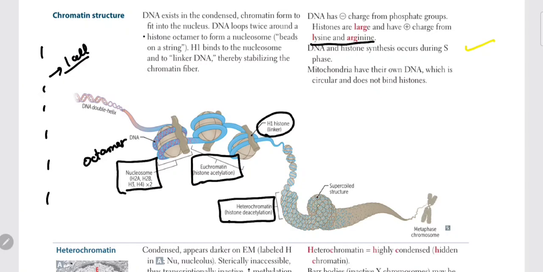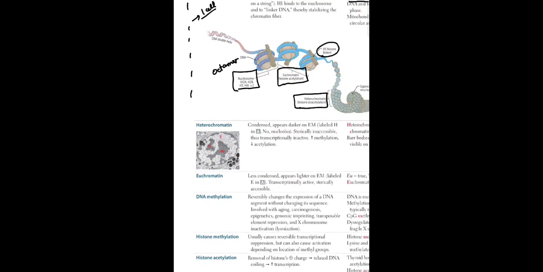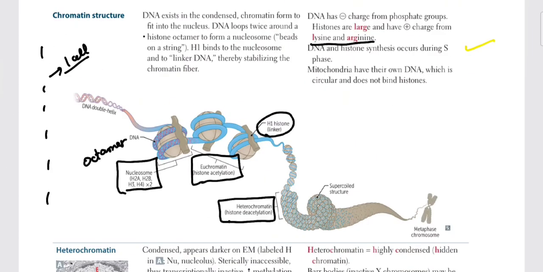However, histone acetylation converts it into a transcriptionally active form, so it can be converted into messenger RNA and then further proteins, whereas heterochromatin undergoes histone deacetylation, so it is transcriptionally inactive.